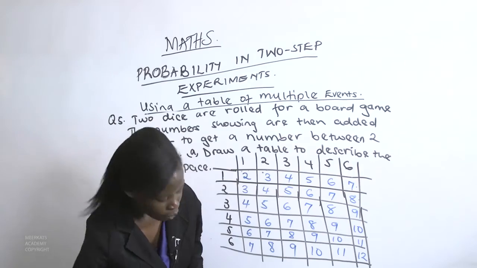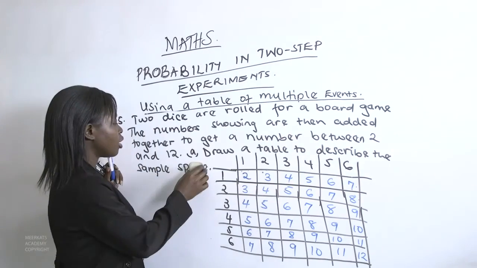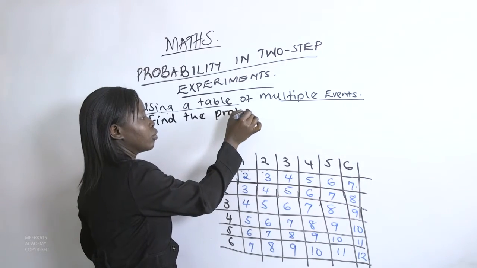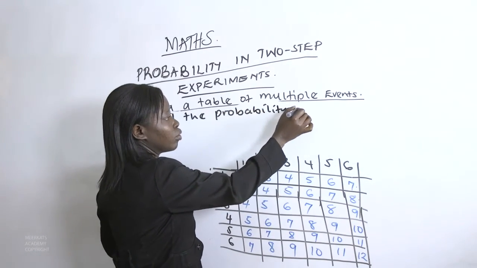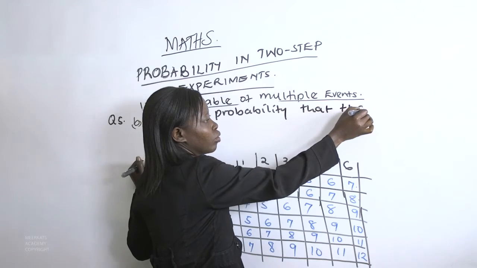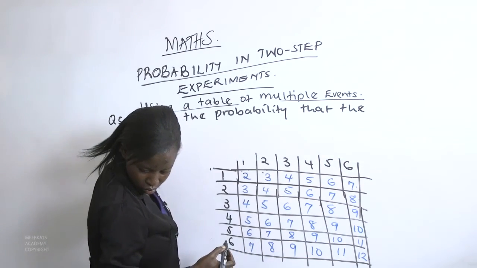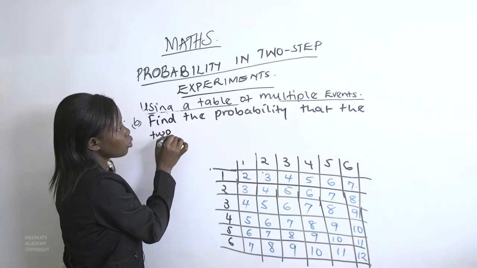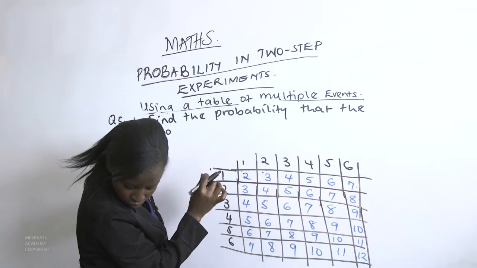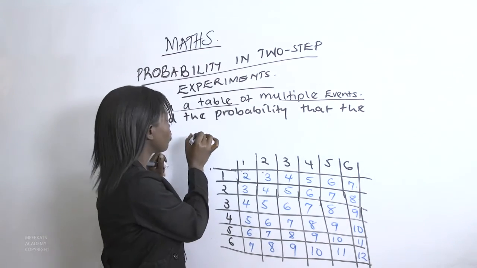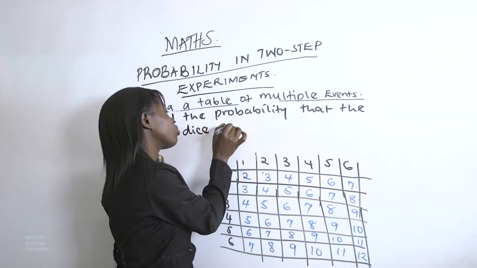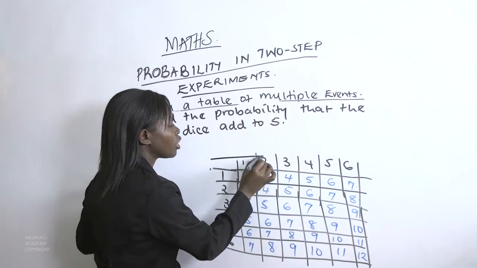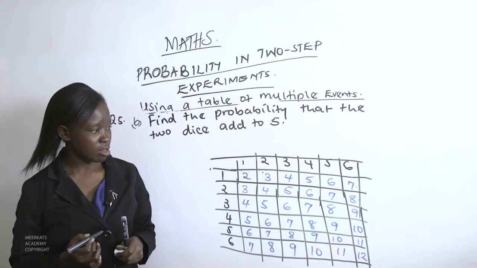So we are finding the probability that the two dice add to 5.